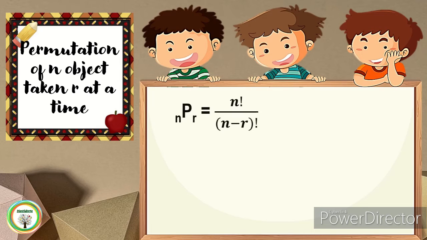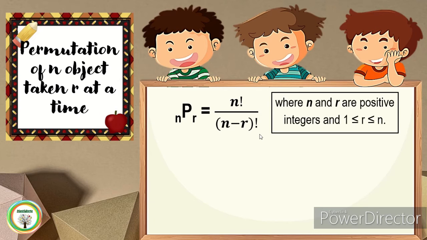Our formula is nPr equals n factorial divided by the quantity of n minus r factorial, where n and r are positive integers and r is greater than or equal to 1 but less than or equal to the value of n. So remember that the value of n is always greater than or equal to the value of r.